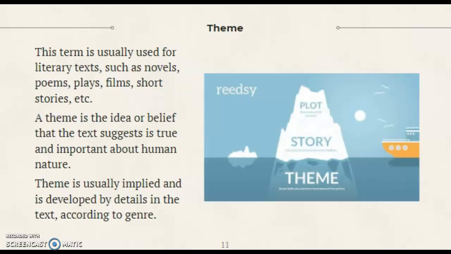Theme is how we refer to the controlling idea of many literary texts. It's the idea or the belief that the text suggests is true and important about human nature. Theme is usually implied in the text and is developed by details in the text according to genre. So in a narrative, the ideas of plot and story lend themselves to theme, as an example.